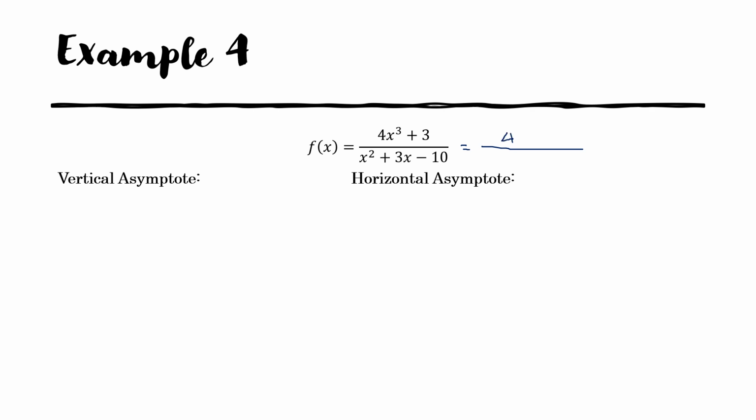In the numerator, I cannot factor that out anymore, so plus 3, I'll just copy it. The denominator I can factor: factors of x squared, x and x. And negative 10, I can have negative 5 and positive 2.